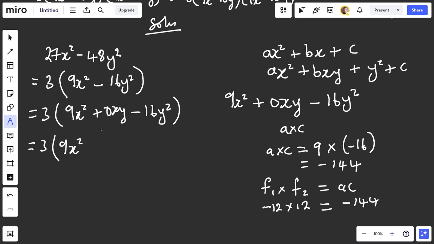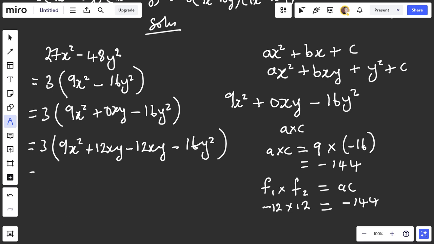9x squared, in the place of 0xy, we replace it with plus 12xy minus 12xy. Of course, this minus 12 and that plus 12 will give you 0, so we have not changed things much. Then minus 16y squared.